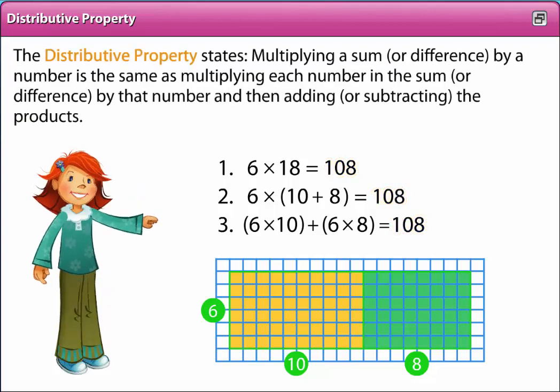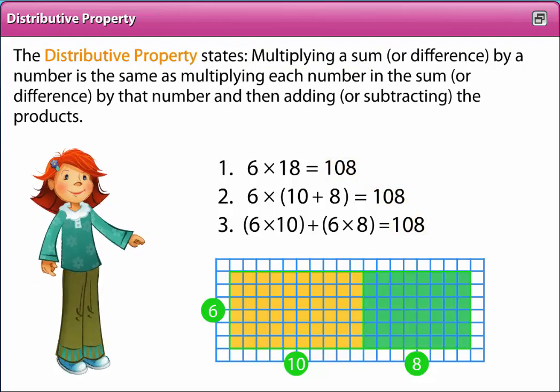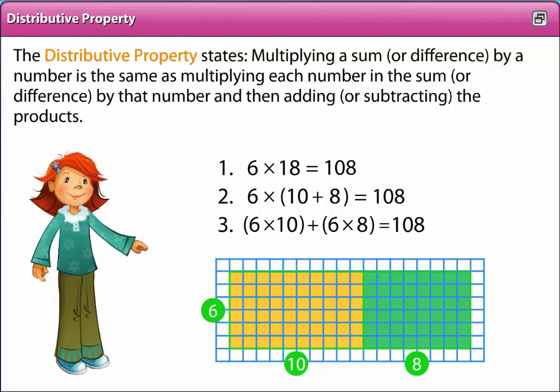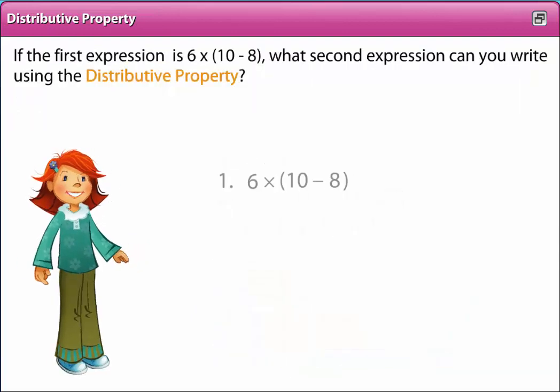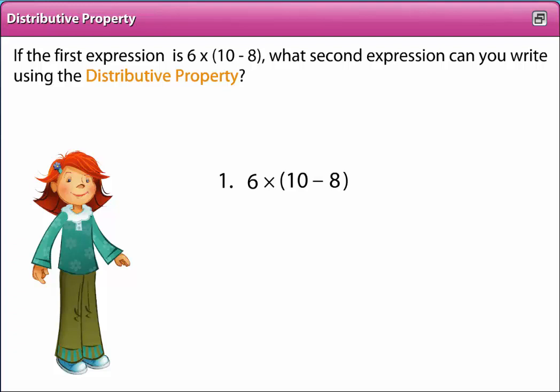The distributive property states, multiplying a sum or difference by a number is the same as multiplying each number in the sum or difference by that number and then adding or subtracting the products. If the first expression is 6 times 10 minus 8, what second expression can you write using the distributive property?